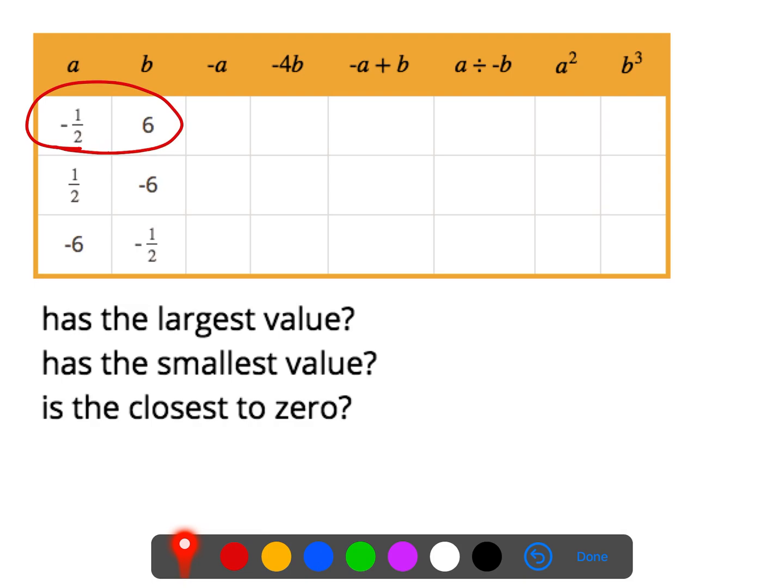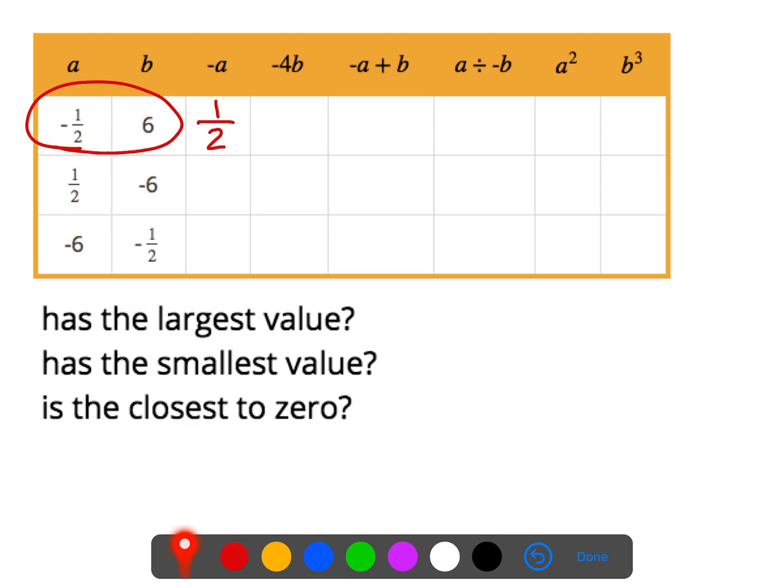If you think about a number line, 0 being in the middle, if 4 is on one side, then negative 4 would be the opposite value. It's the same distance from 0, it's just opposite it. So if our A is negative 1/2, then the opposite of that is positive 1/2.